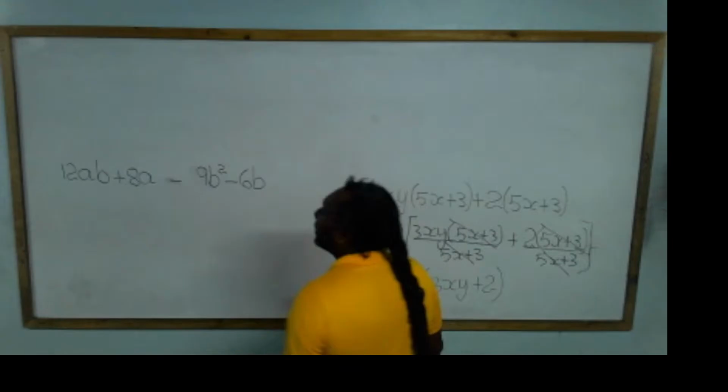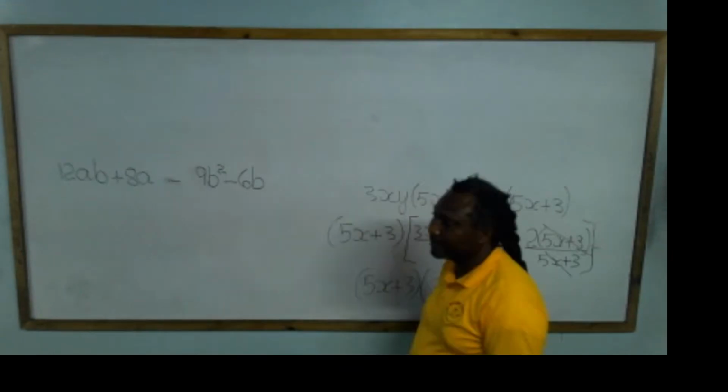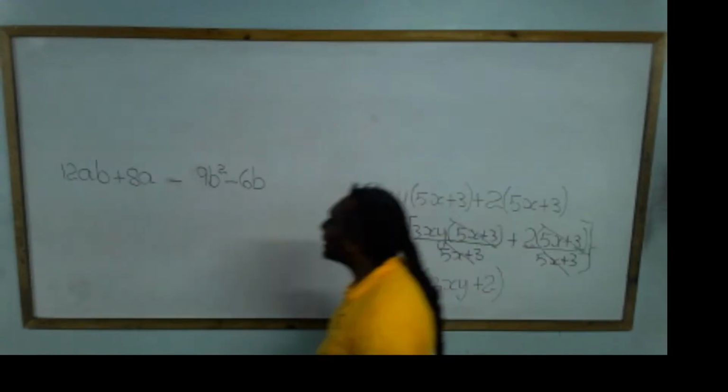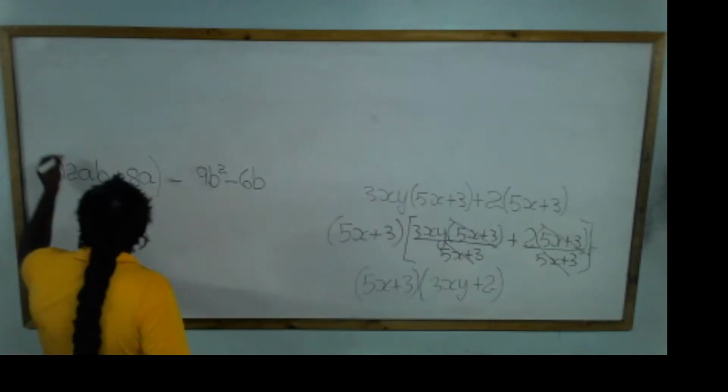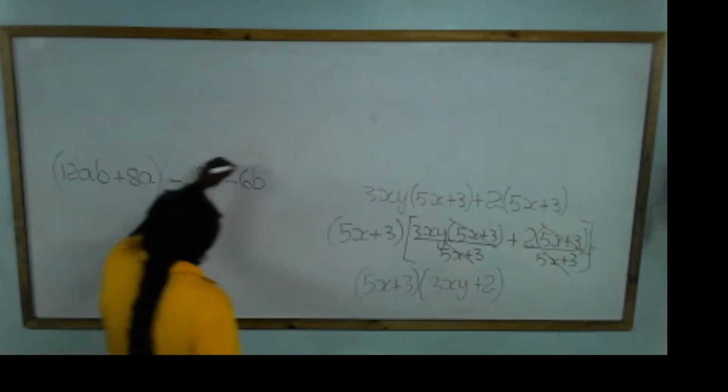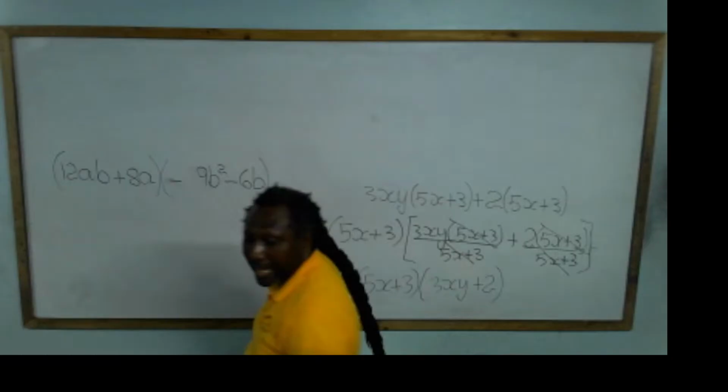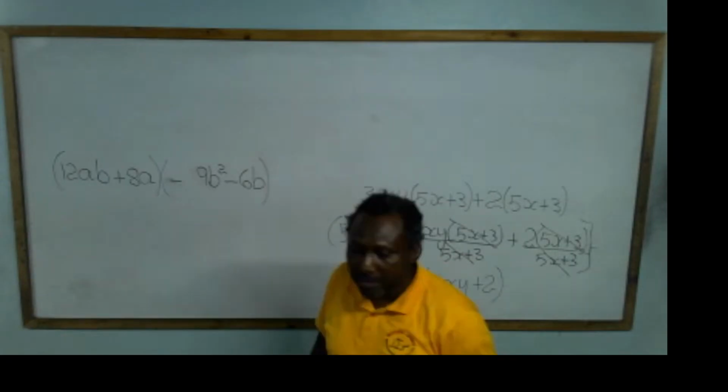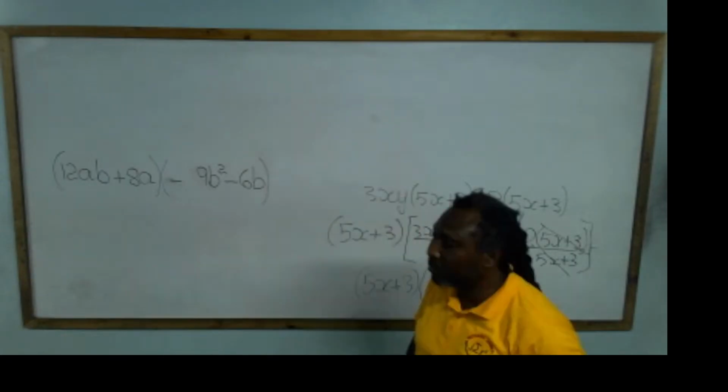So here's my question to you, students. If I put my brackets here, and some say parentheses, if I put those there, would that be correct? If I put the parentheses like that, would that be correct?